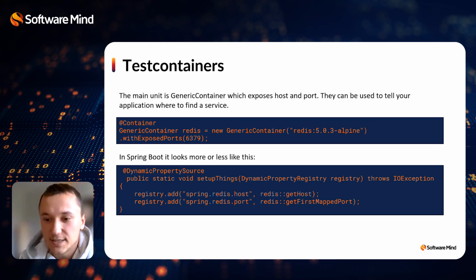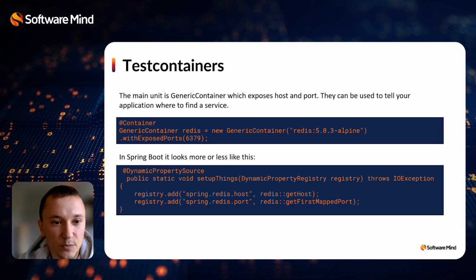So yeah, I told you that the basic unit of Testcontainers is the generic container. It's just a simple container which exposes to you some data and gets from you some information, like the Docker image you want to use. Here in this example, we can see that we're using a generic container for Redis, so probably some cache or a database, I don't know.